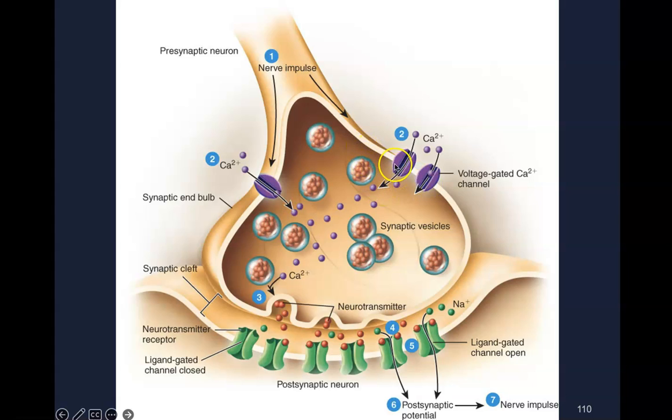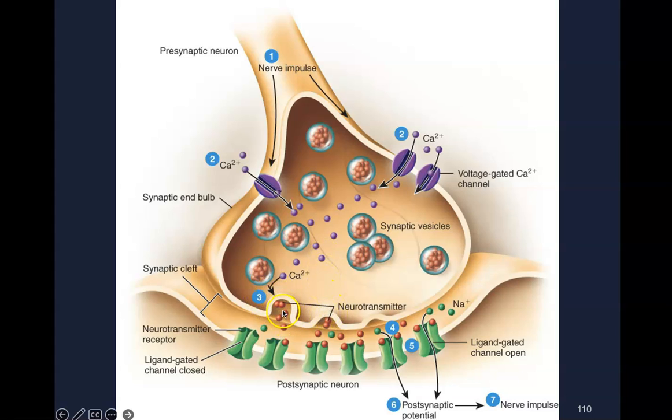Then it's going to trigger these voltage-gated calcium channels to open in the synaptic end bulb. And as that calcium rushes in, that is going to stimulate the release of neurotransmitters. So it's calcium coming into the synaptic end bulb that stimulates the release of neurotransmitter.